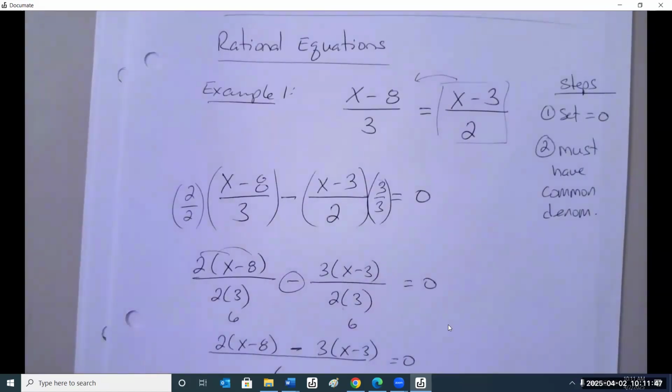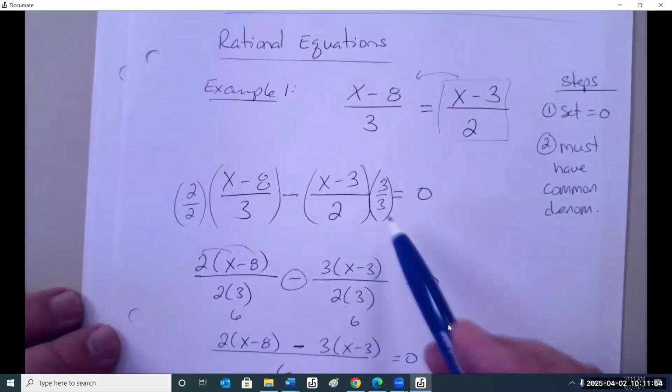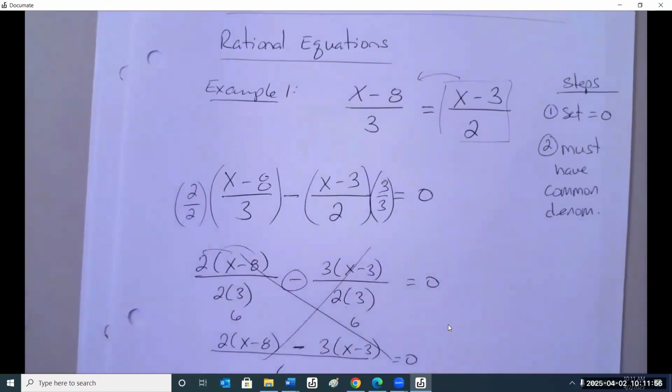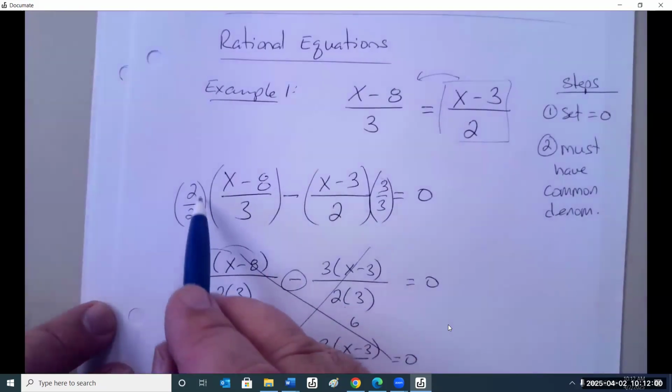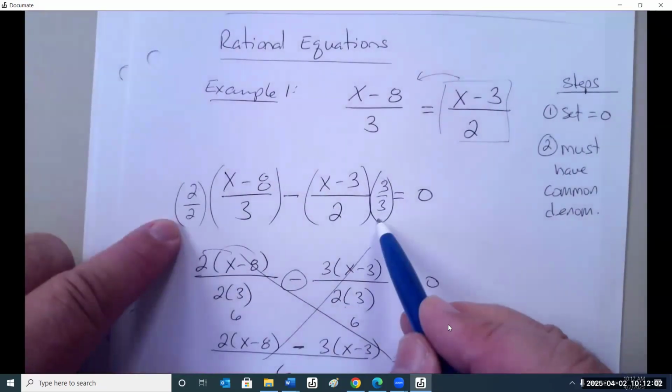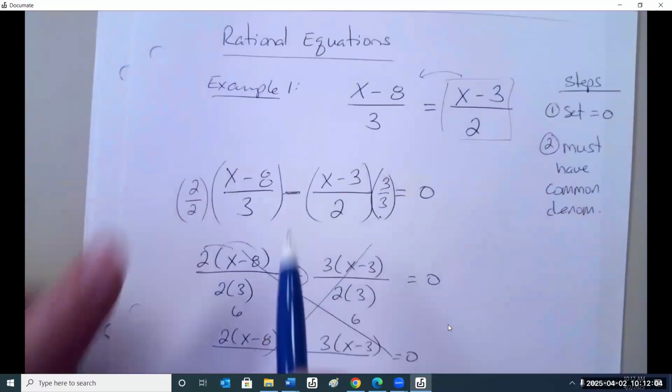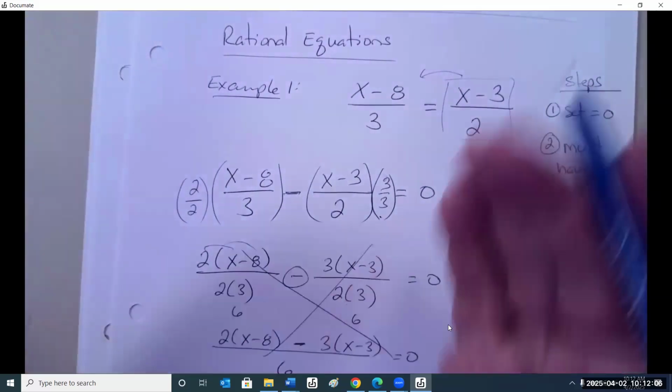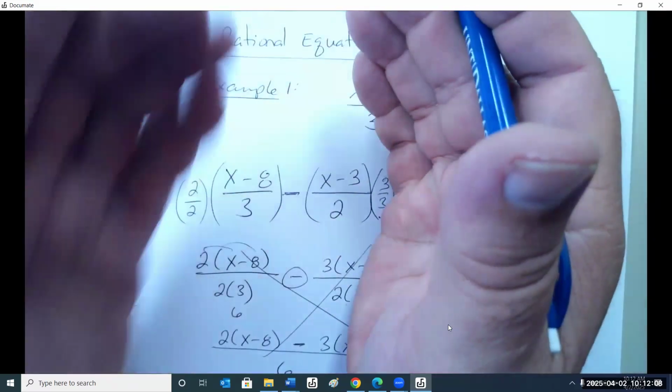Why not? Because everything from here on out is wrong. Because when I did this, this is on one side of the equation. So this whole side has to be treated as one number.